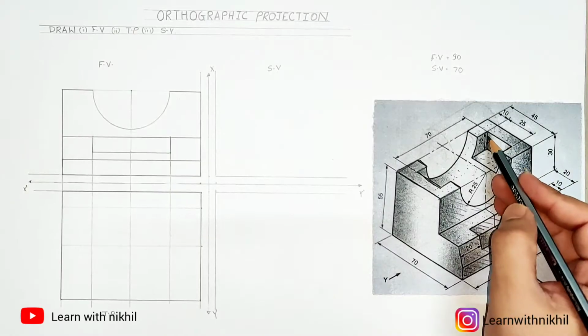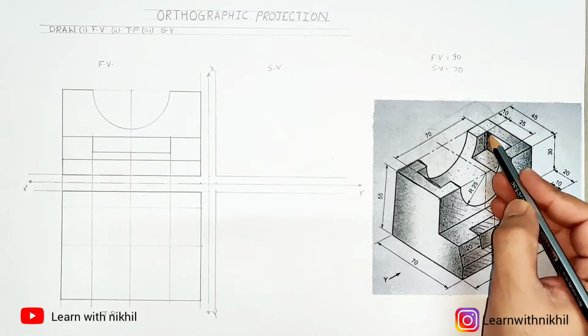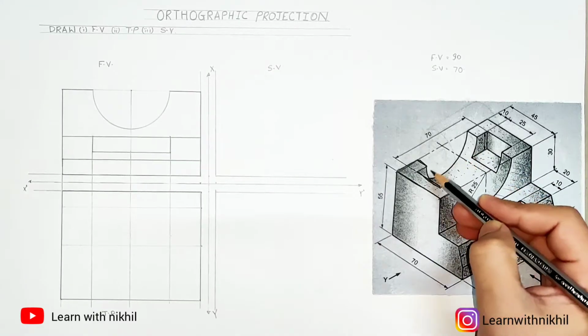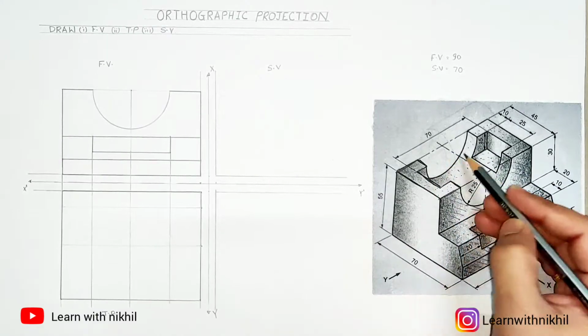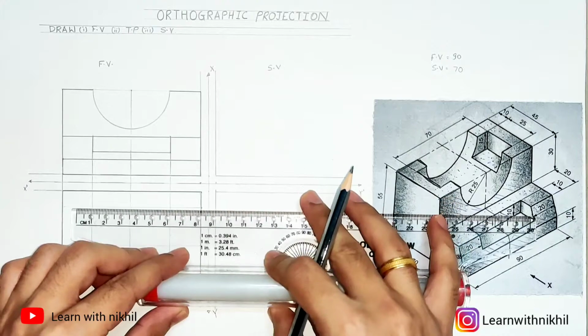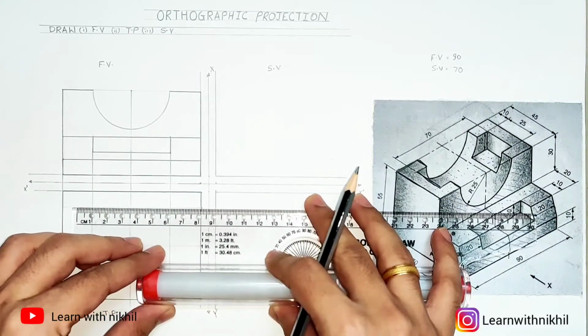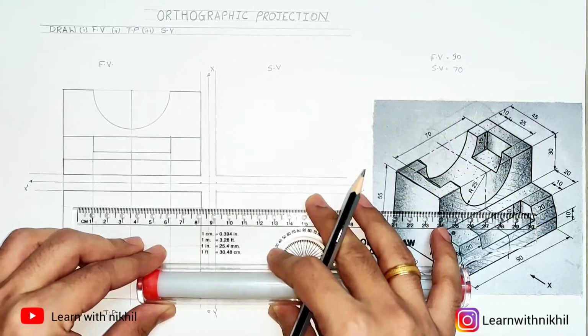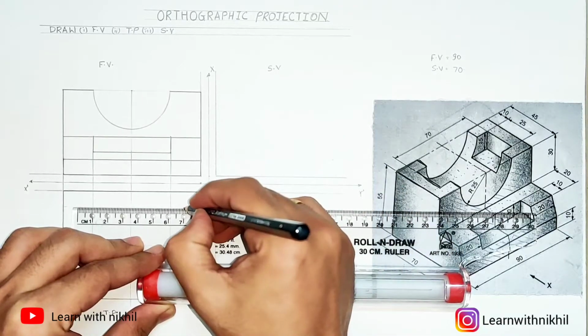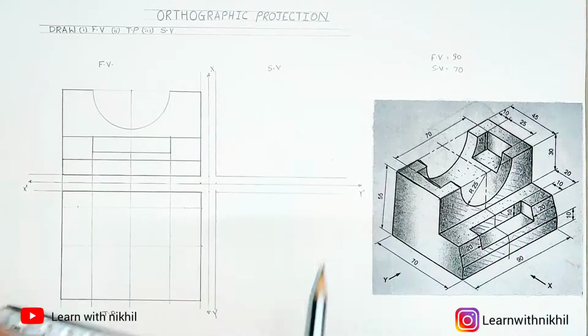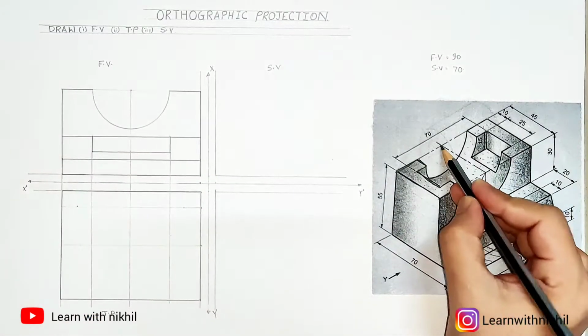Now drawing this block, this thickness from the center, it is given 35 on both sides, as the total thickness is 70. From the center it is 35 millimeter on both sides. So from the center, I'll mark this line, this is 35 and this is 35. So total will be 70.